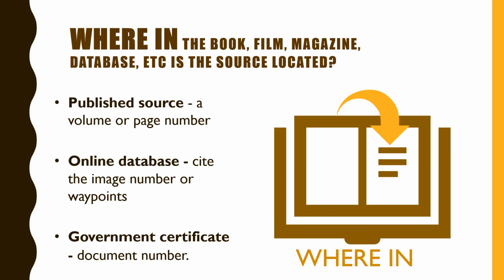Something that can really help when we're thinking about the where in is how that database is organized. Is it organized alphabetically? Is it by date? Is it by location? Is it by number? And by thinking about how it is actually organized, that will help us to figure out the type of information to answer the where in question.